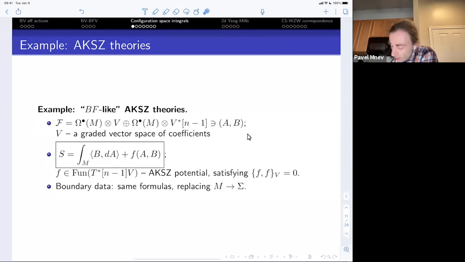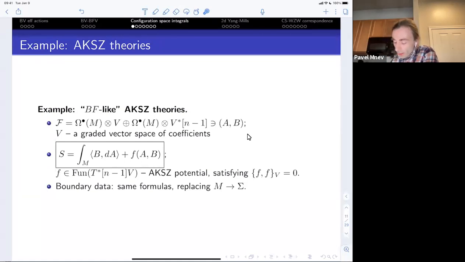Then I evaluate this potential F on this pair of differential forms. Instead of the base coordinate, I plug in A, instead of the fiber coordinate, I plug in B, and then integrate. That's the AKSZ action. Provided this consistency condition holds, this action satisfies the master equation.